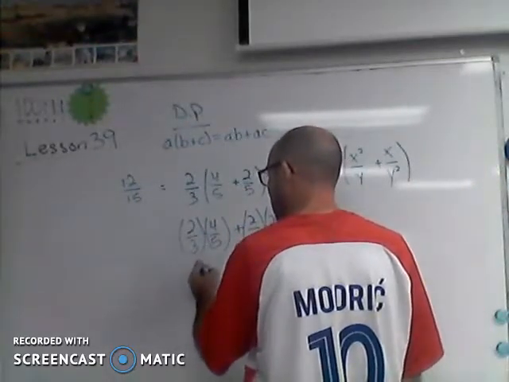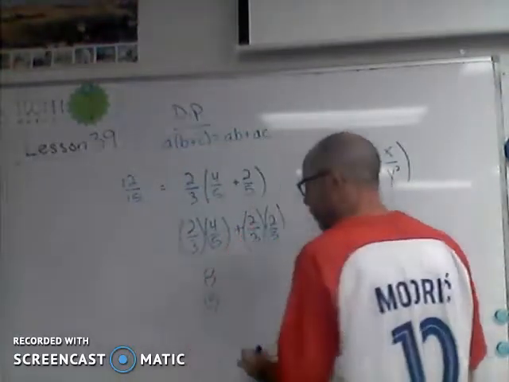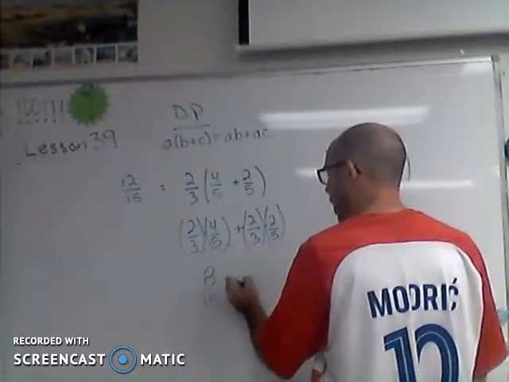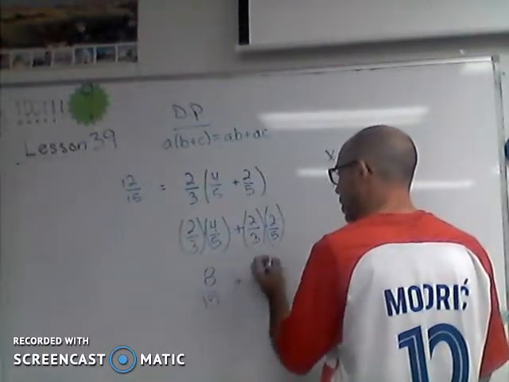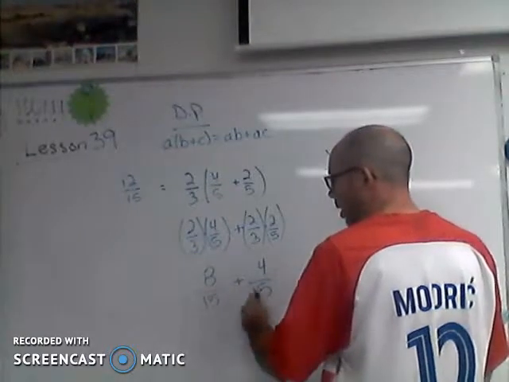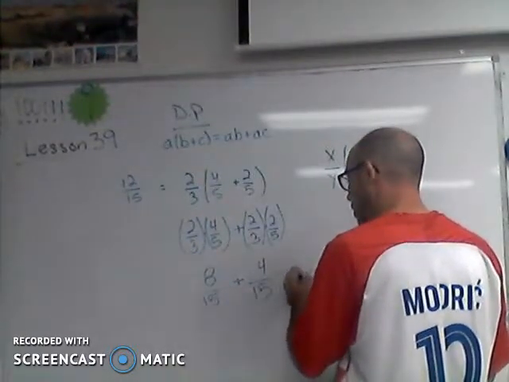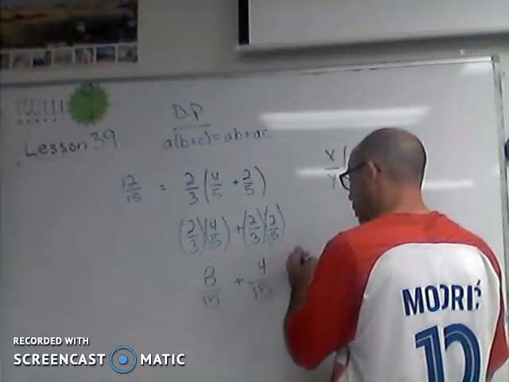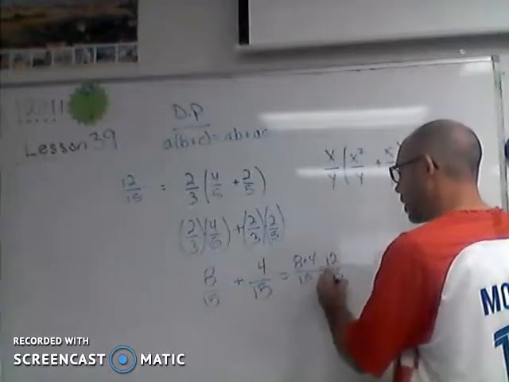2 times 4 is 8. 3 times 5 is 15. And then add that to up here. 2 times 2 is 4. 3 times 5 is 15 again. Because they have the same denominator, we can add the top part. Equals 12. And there's our 12/15.